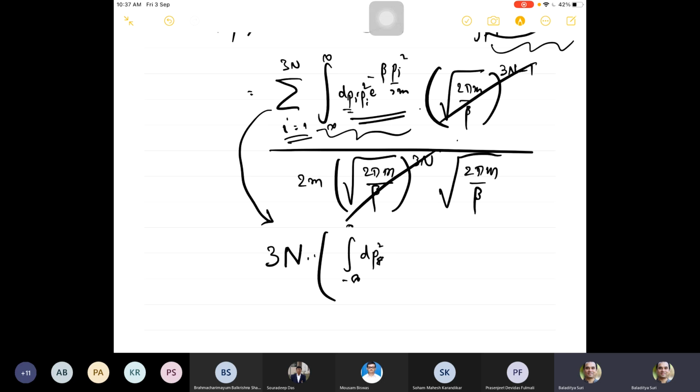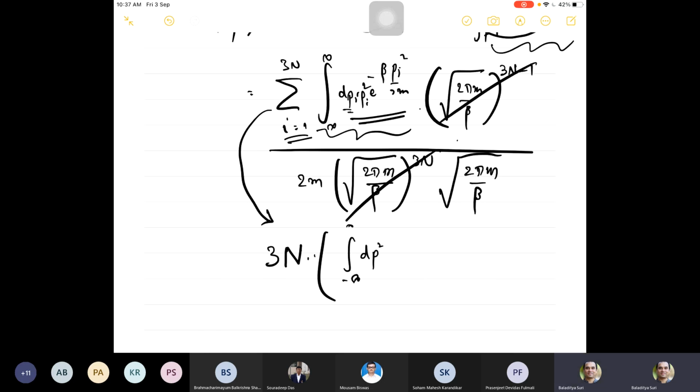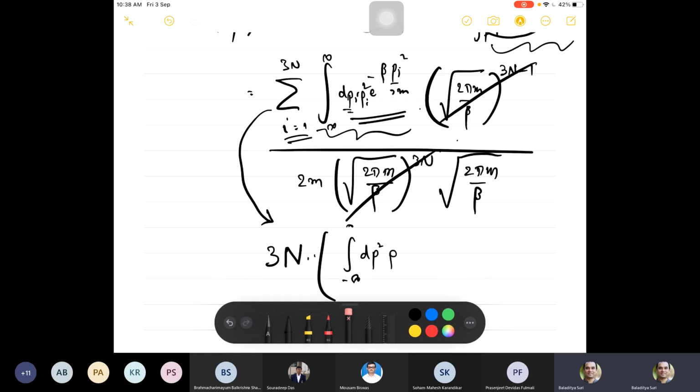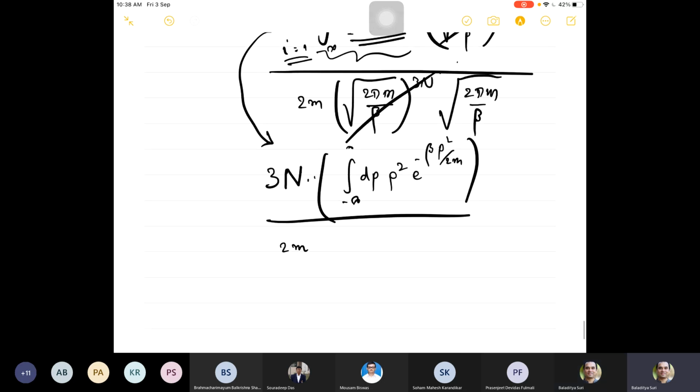There is no i anymore, so I can remove the i because by writing the 3n outside, I have considered all i's. dp p squared e power minus beta p squared by 2m, divided by 2m square root of 2 pi m by beta.